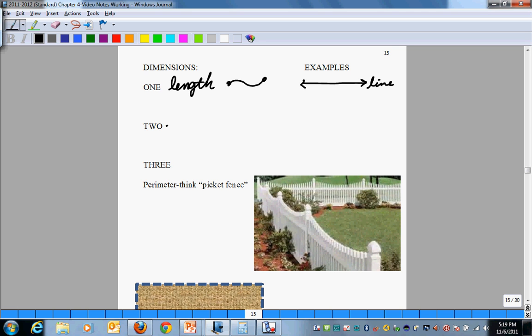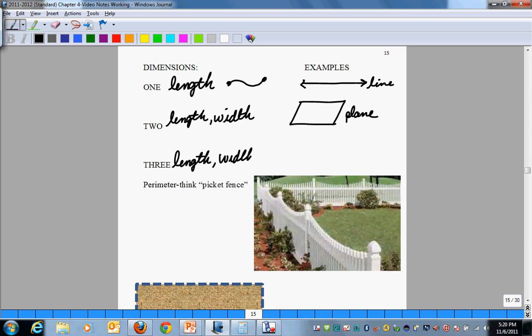Then we have 2 dimensions, which is length, and then something that also has width. A common 2-dimensional object would be a piece of paper or in geometry, we would call that a plane. Three-dimension is, of course, length, width, and height.